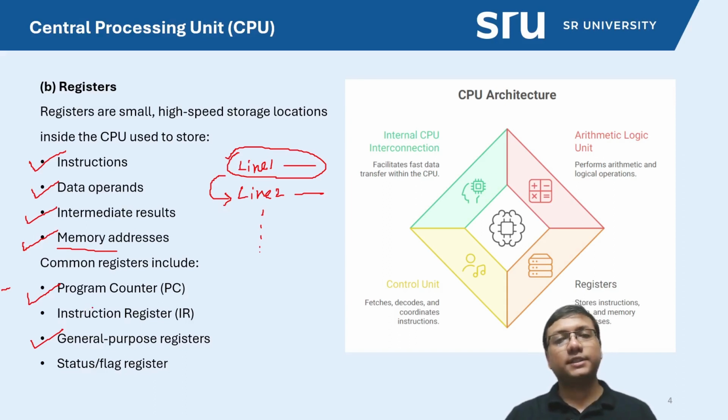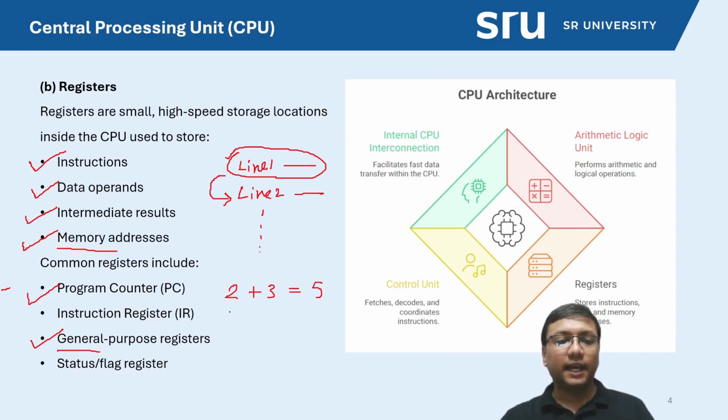For example, suppose 2 plus 3 is equal to 5. To compute this operation, first I need to store 2 in some general purpose register, and 3 in another general purpose register. I want this result to be obtained.